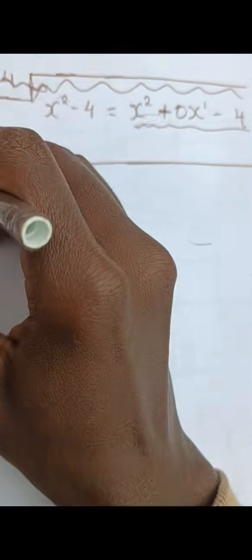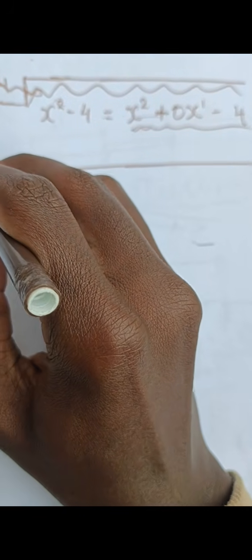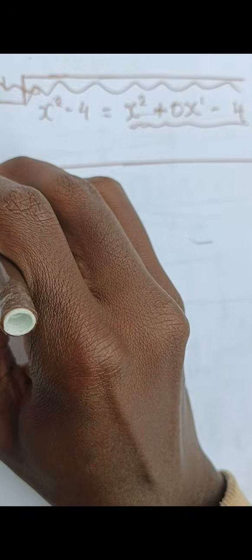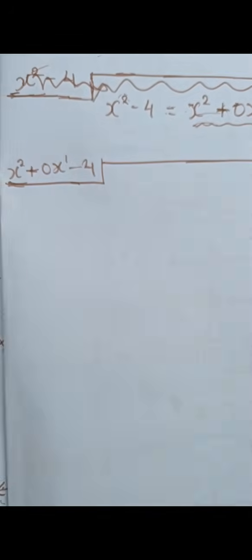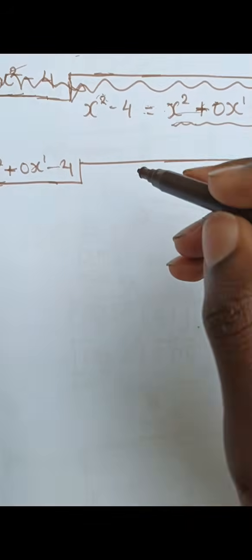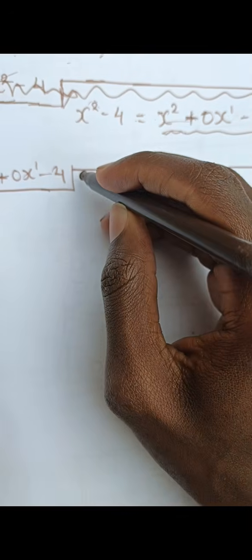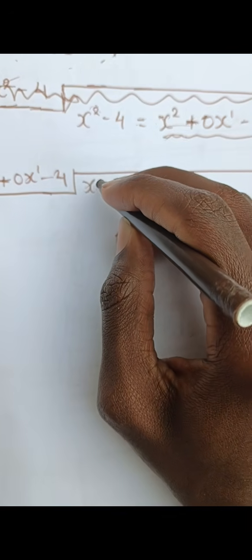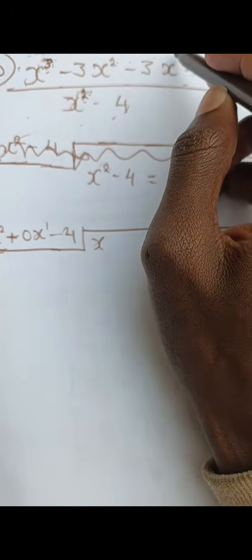So this one, which is x power 2 plus 0 x power 1 minus 4, will be our divisor. Then this one is what we'll be dividing into. Make sure that the powers are dropping nicely, in the order in which they should drop.